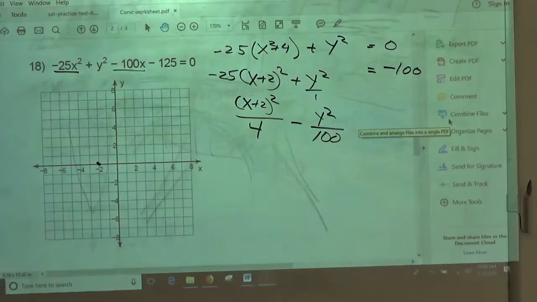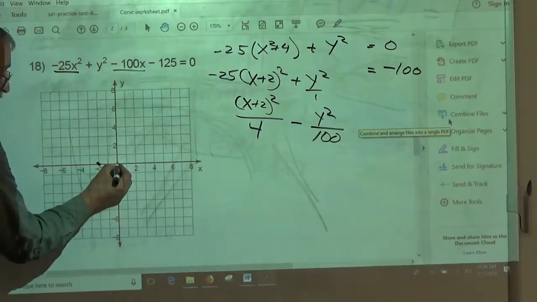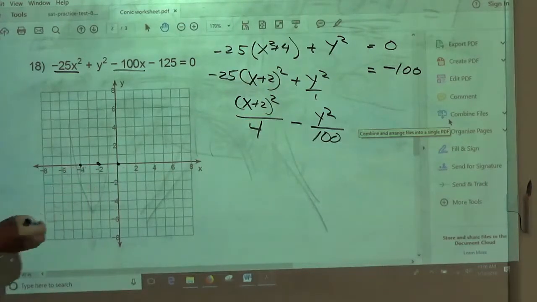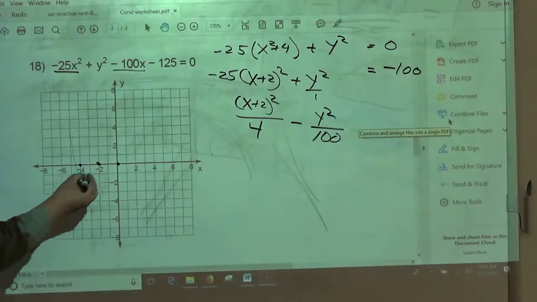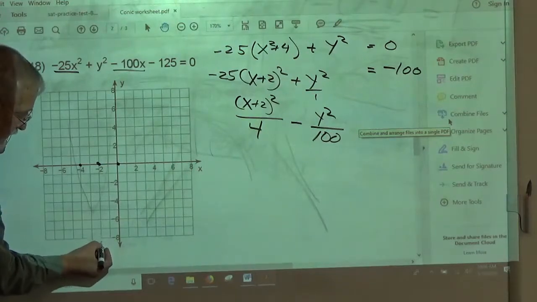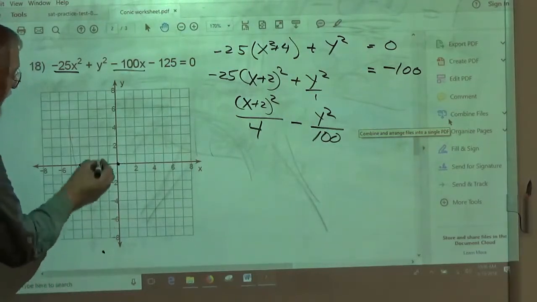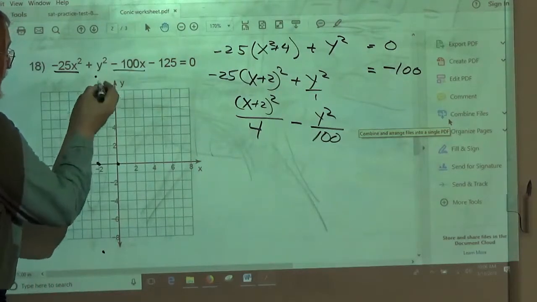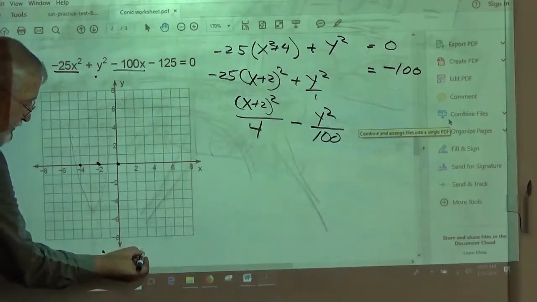X direction, where do you go? 2 in each direction. So I'll have a dot here and a dot here. What about up and down? 10, yep. So that puts me here and here. And now I draw the box.